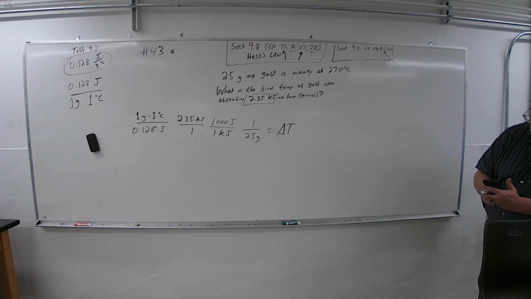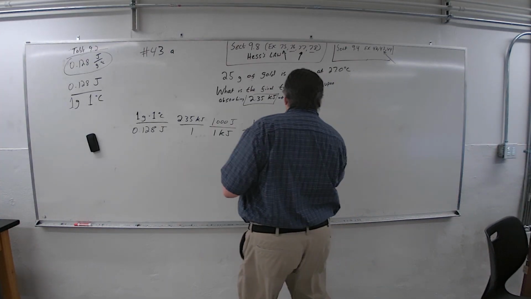Anybody else calculate this? 2.35 times 1,000 divided by 0.128 divided by 25.